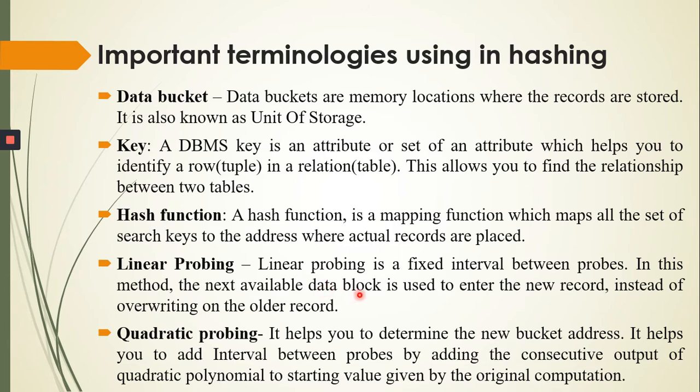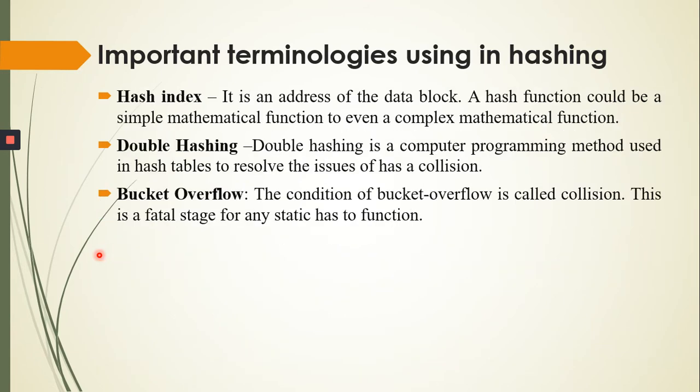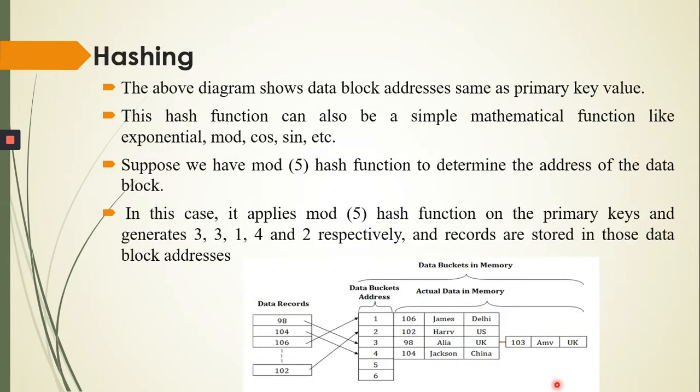So instead of overwriting the data, the next address, which is 4, is used to store the 103. This method is known as linear probing, and in the previous example we used the chaining method, where the new data is stored after the previous record when we get the same address.